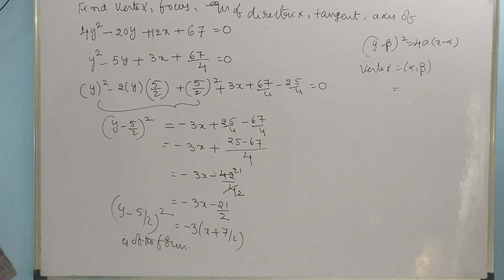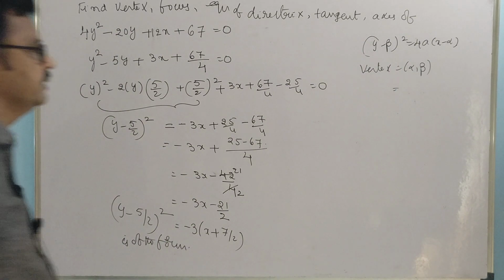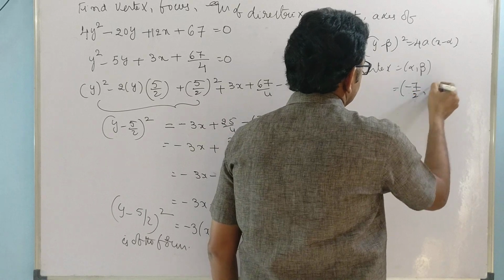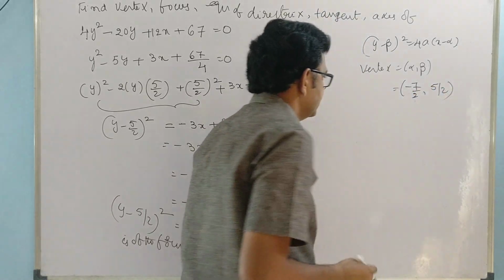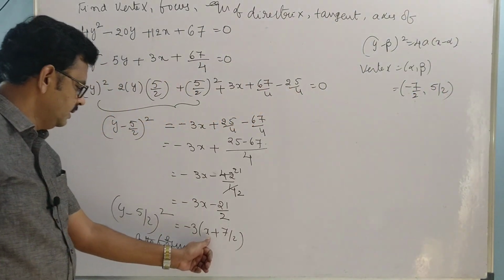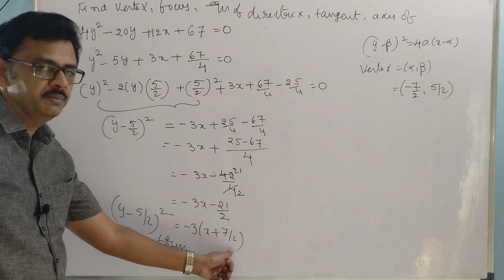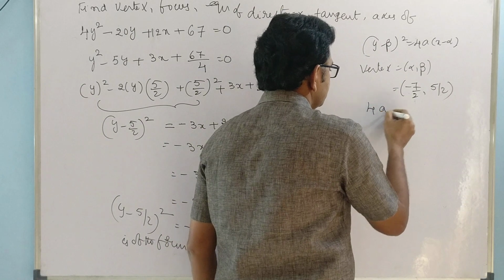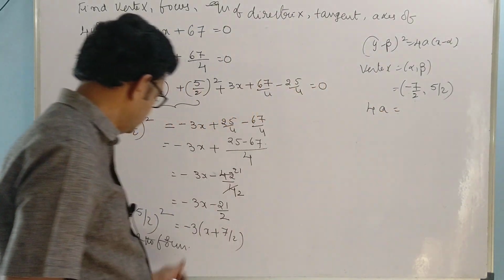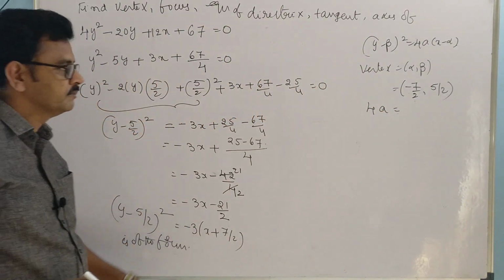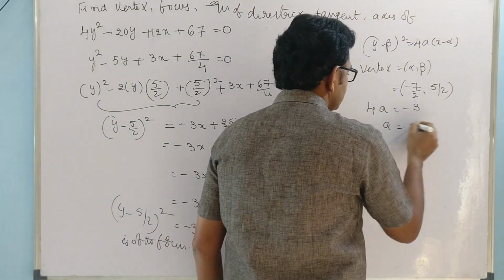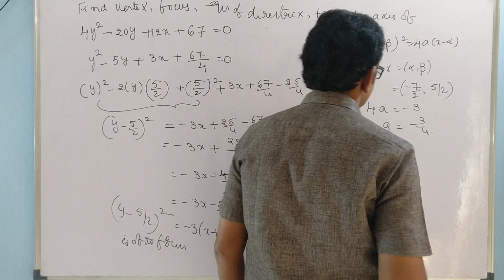Vertex is minus 7 by 2 comma 5 by 2. And x minus of minus 7 by 2. And comparing, 4a is equal to minus 3. 4a is minus 3, implies a is equal to minus 3 by 4.